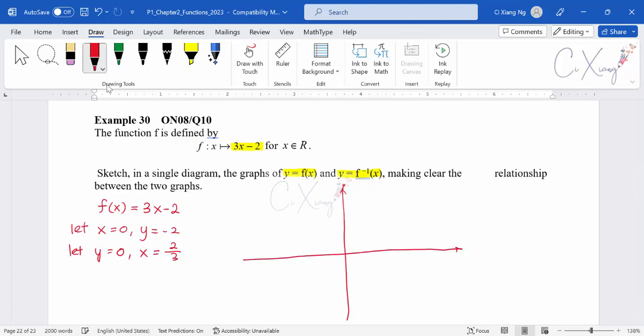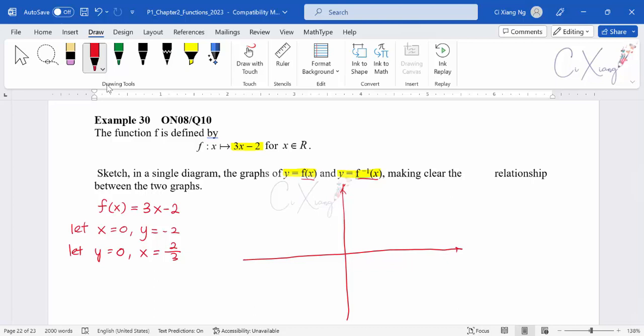Before I start sketching it, there's one extra piece of information that we need to know. When you want to sketch the diagram for f x and also f inverse x on the same axis, please make sure that the ratio that you are using for both axes is the same. The scale of both axes should be the same. If not, then when you sketch the graph, it doesn't look so nice.